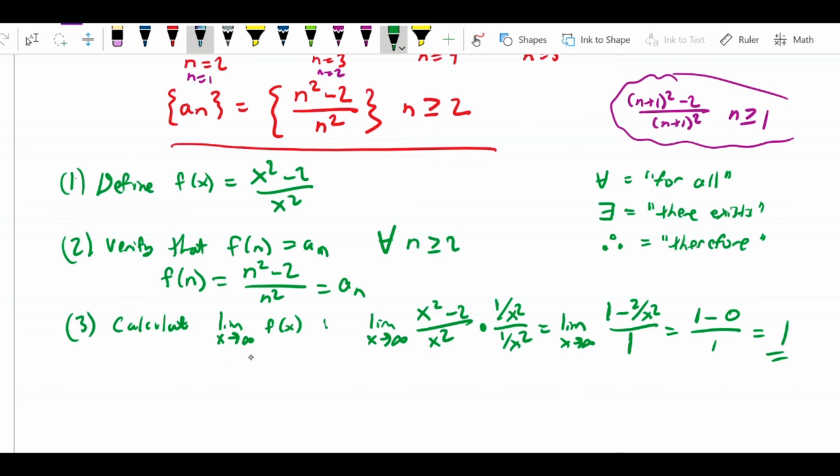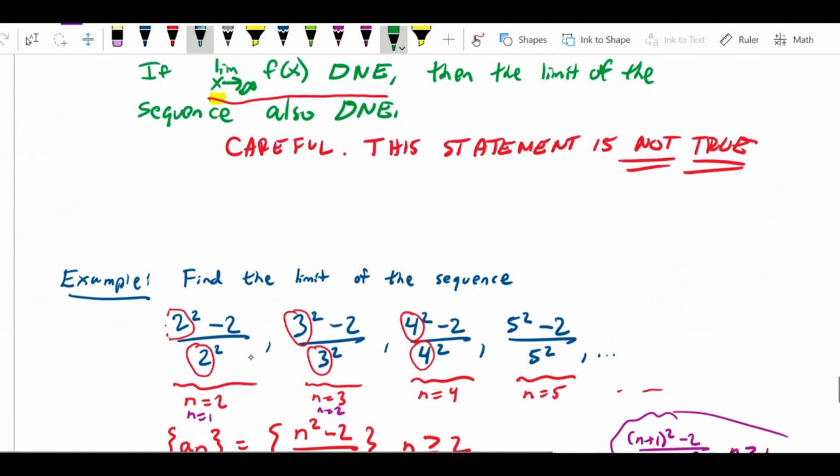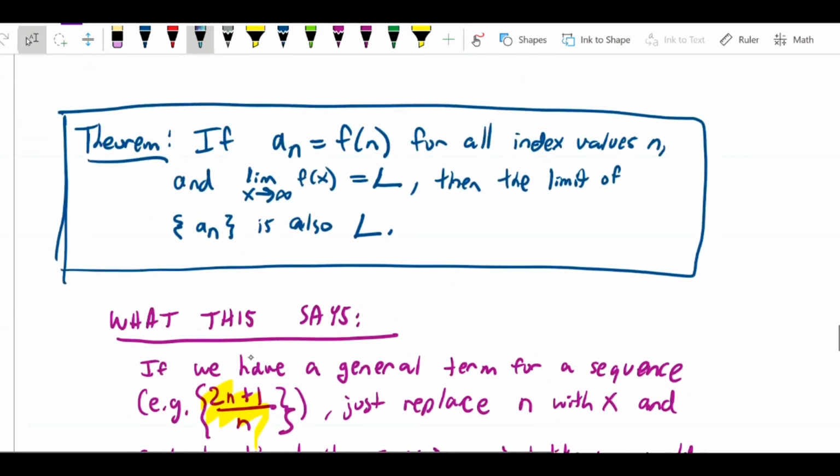So strictly speaking, there's one more step that we need. Let's go back to that theorem. The theorem says that if we've met all these conditions, in other words, we found that a_n equals f of n for all index values, we did that, and if the limit as x approaches infinity of f is equal to L and exists, then we can conclude that a_n is also equal to that limit. We've gotten up to here.